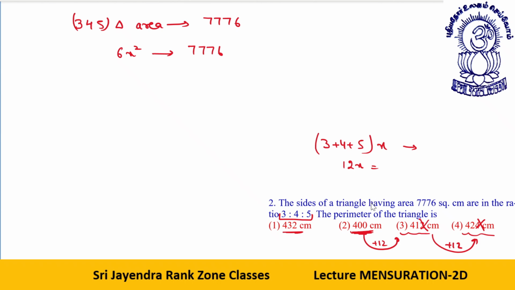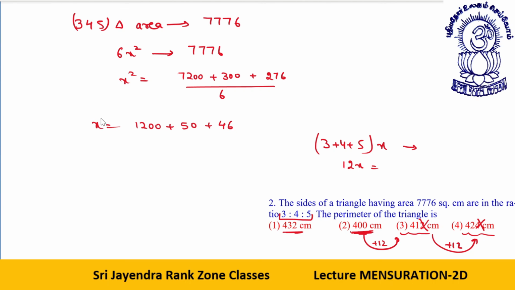Or let me solve it. Find, students, x square will be, let's make it easy, 7200 plus 300 plus 276, divided by 6. 7200 plus 300 is 7500, plus 276, perfect. 276 when divided by 6 will give me 46.